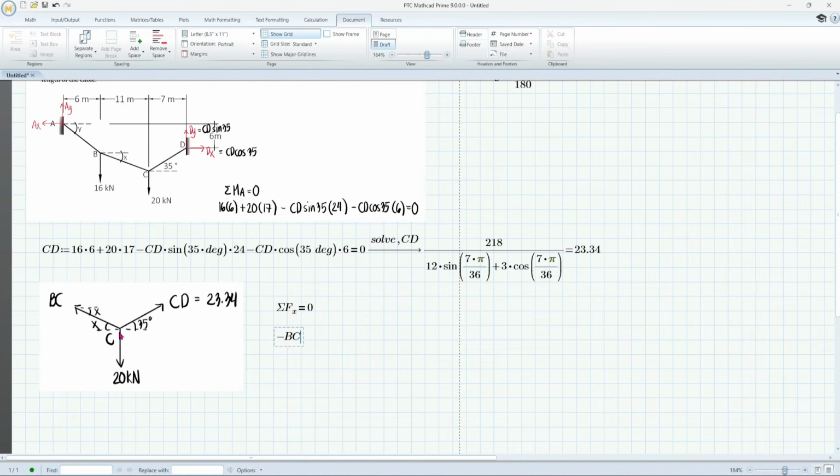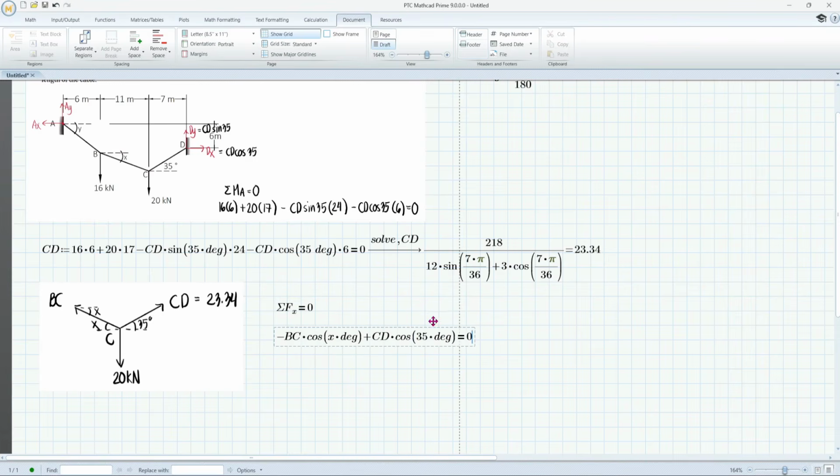To the left kasi yan, yung component niya, BC, then cosine of the angle X. Ayan, in degrees. Then, plus CD. Yung component ng CD is acting to the right. We have CD cosine 35 degrees. Ayan. Then, equate natin to 0.